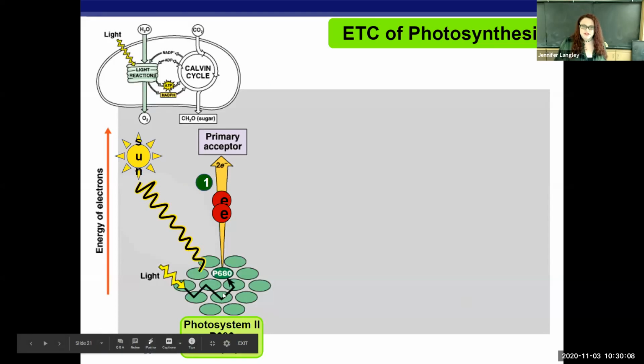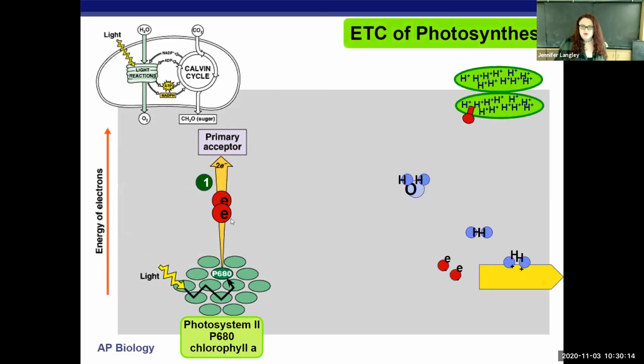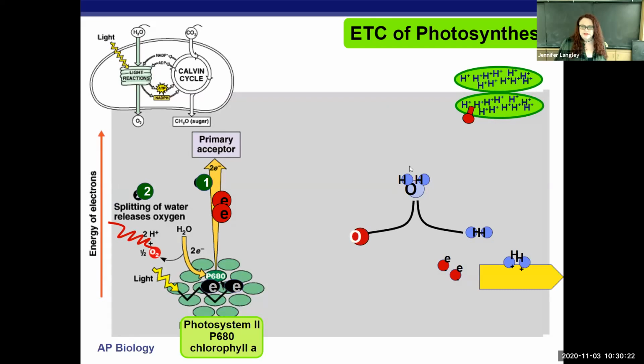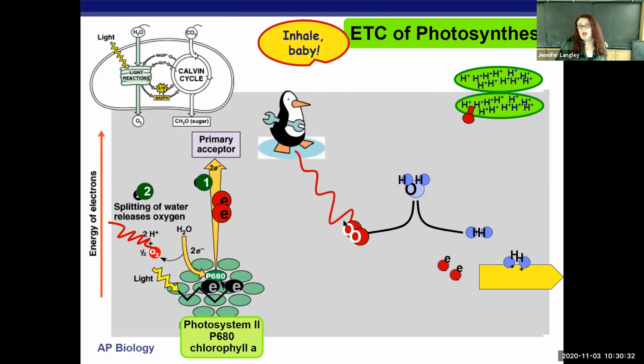So sunlight hits photosystem 2 at 680 nanometers, exciting electrons. Water is split. We have our oxygen and our hydrogens. The hydrogens are used to help move those electrons. Oxygen is breathed out by our plant.